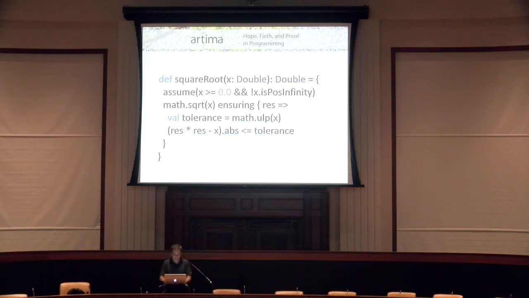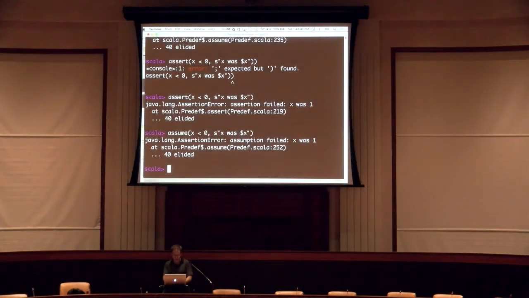Here I'm calling it on math.square to x, which is the candidate result of the function that I want to pass back to the caller. But before I do that, I invoke ensuring, and that takes a function that will be passed the candidate result, and then you do an assertion on the candidate result. Let me show you an example of that.